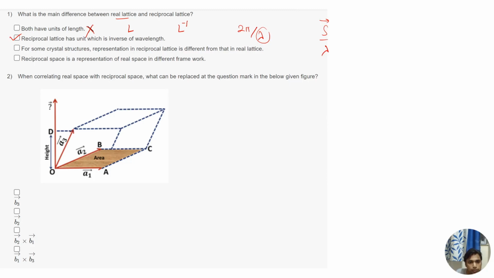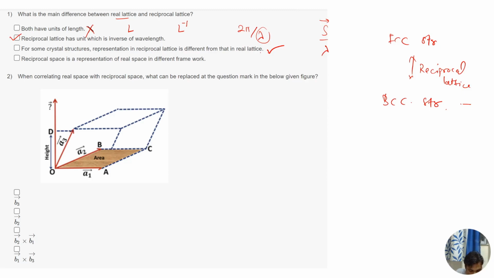What this means is, for example, the representation of the BCC structure in reciprocal lattice is FCC structure. So it is clearly different. And if you take the reciprocal lattice of the FCC structure, you get the BCC structure. So this statement is correct.